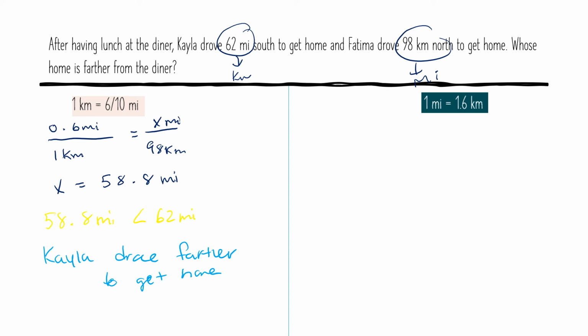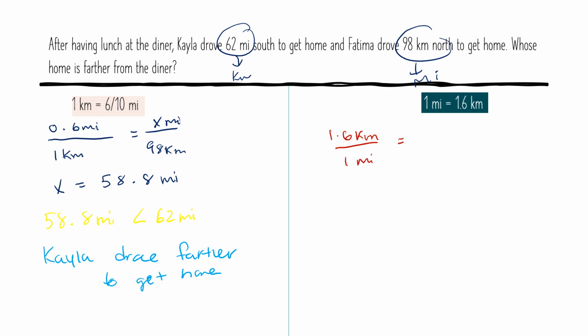Okay, now let's try to do the same exact question, only converting the 62 miles into kilometers. Okay, so from the chart, we know that there are 1.6 kilometers in 1 mile.